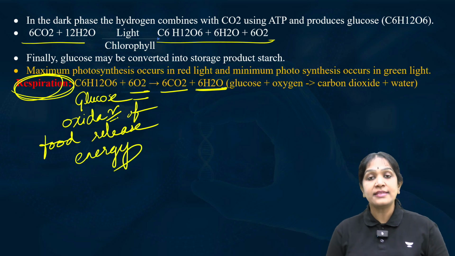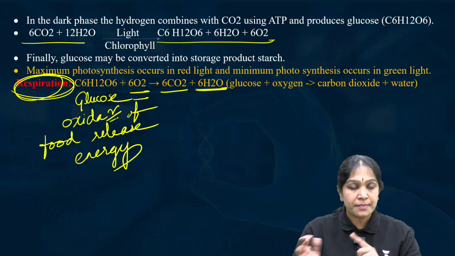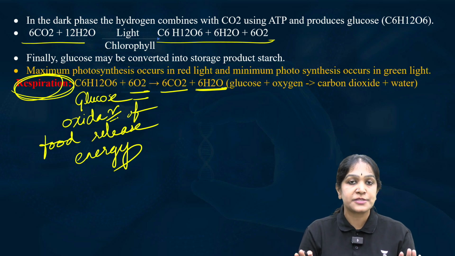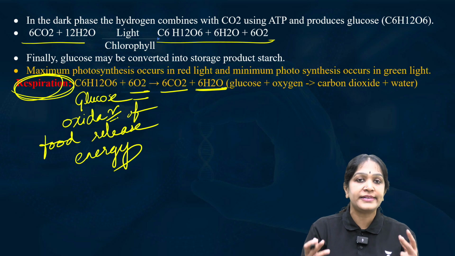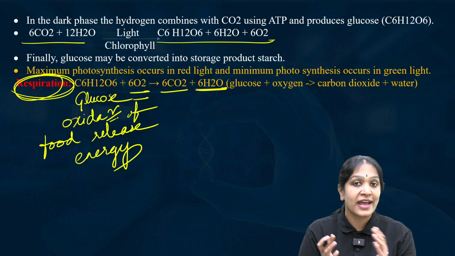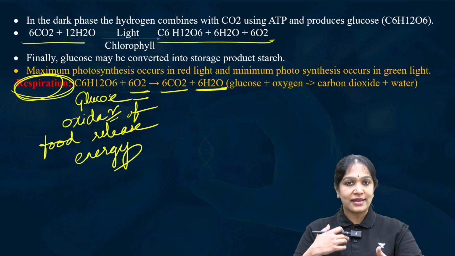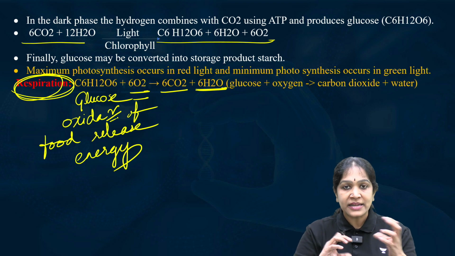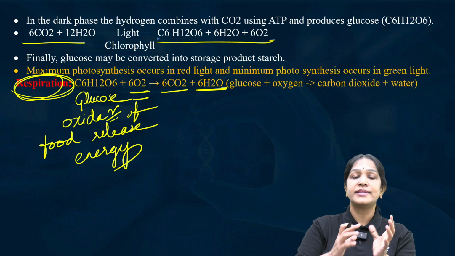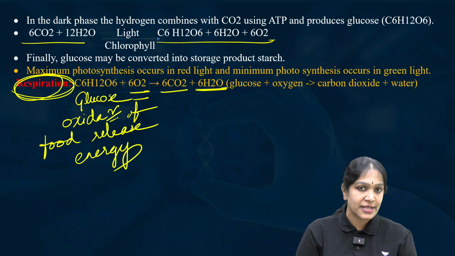In general, we think that respiration means inhalation and exhalation. But no, that is not called respiration. That is called breathing or ventilation. Then what is respiration? Respiration is what happens between the inhalation and exhalation. I inhaled, I exhaled. In between these two, what is happening inside the body is called respiration.